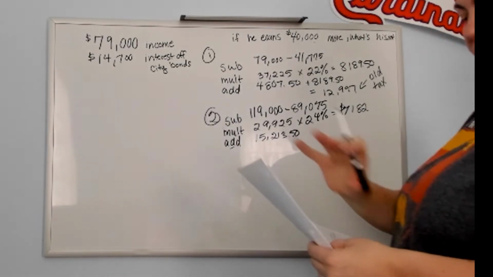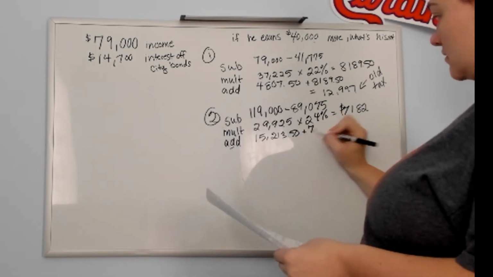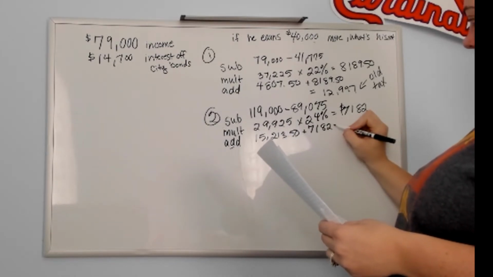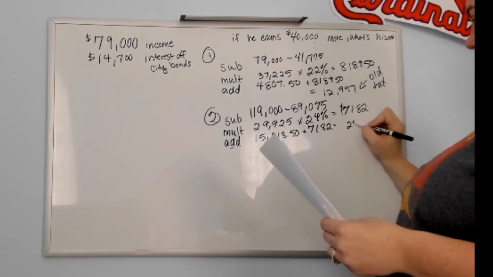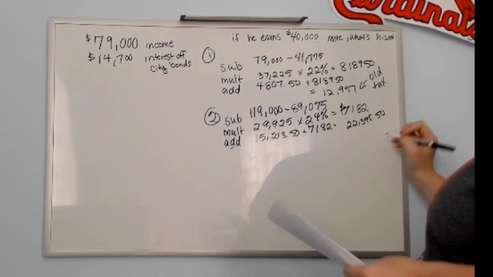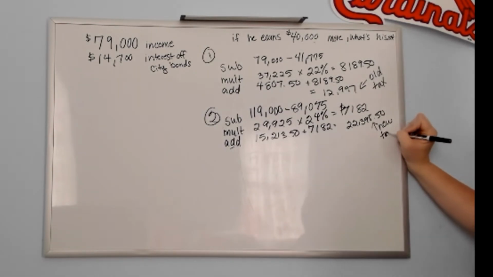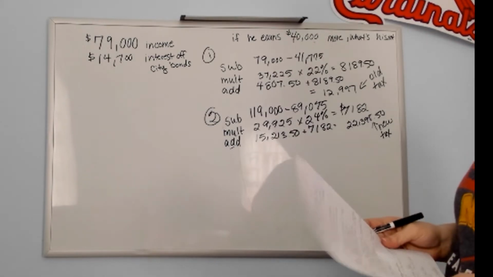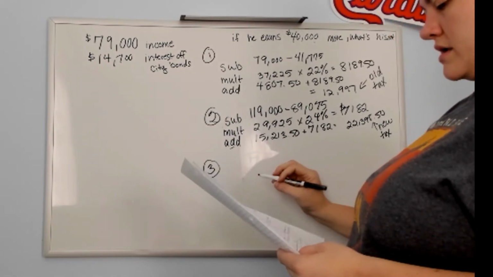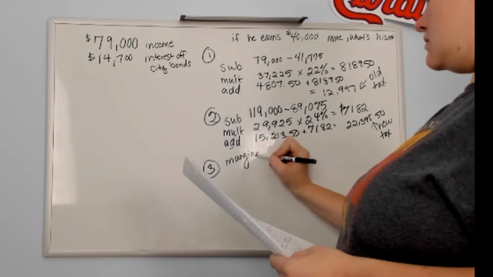That's going to come from the tax bracket paper, and then I'm going to add the $7,182 that we found. That gives us $22,395.50. This is our new tax. And then the third part here, number 3, is to actually find the marginal tax rate.